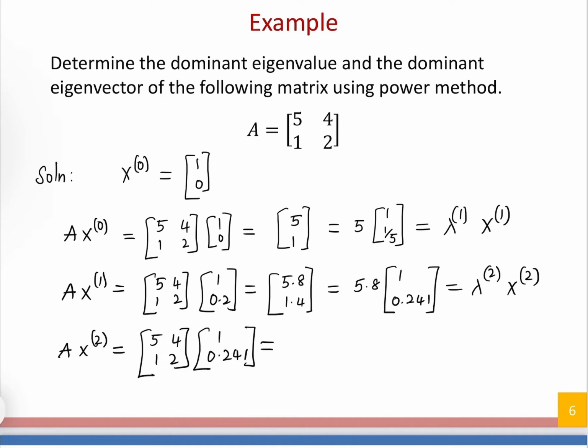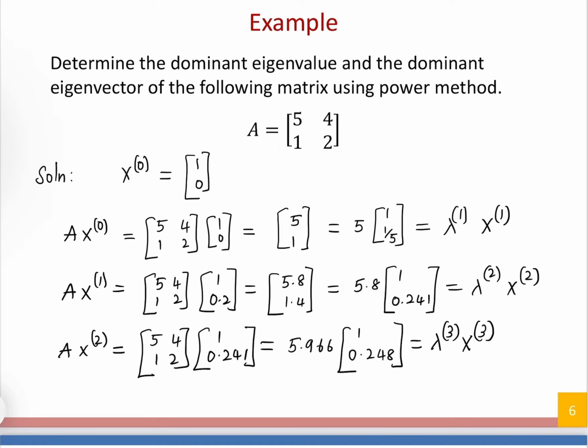We get 5.966 times [1; 0.248]. Let me call this lambda 3 and x3. Now we repeat this process until we get the solution with the desired accuracy.